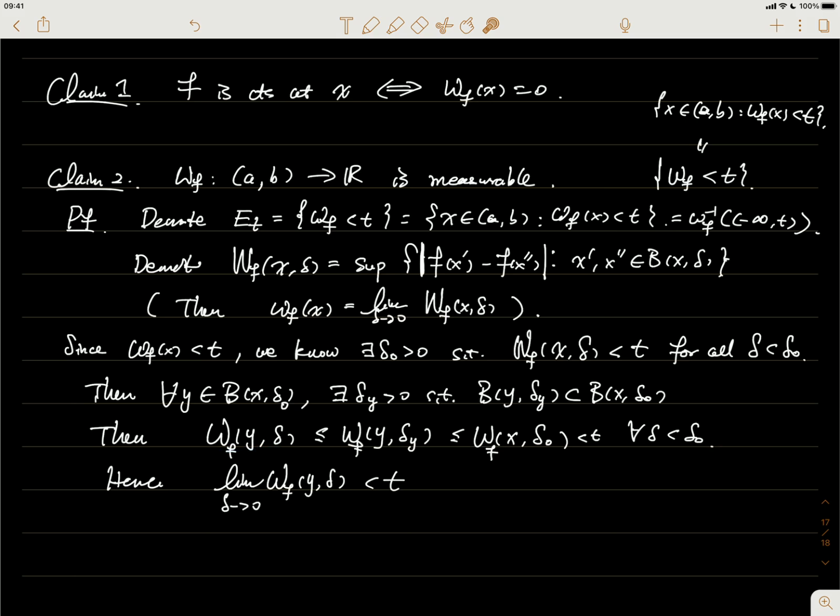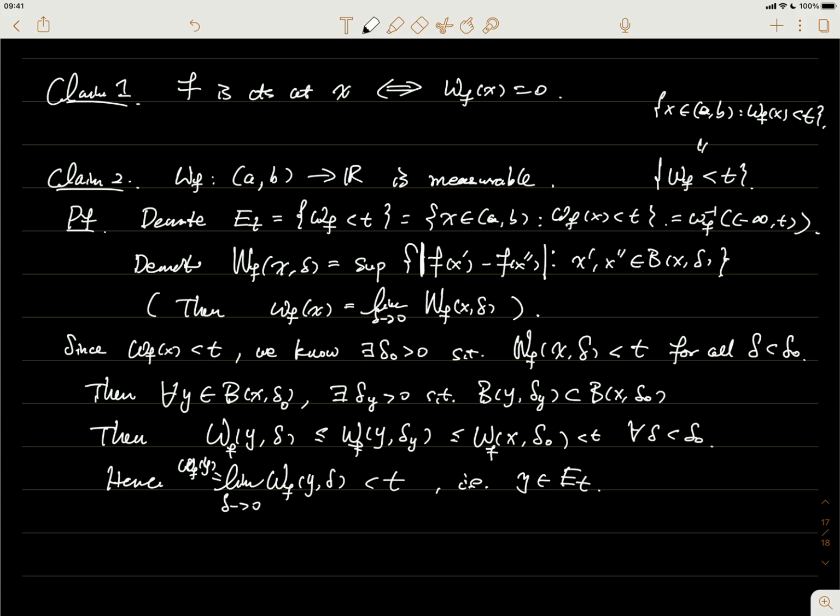So when delta goes to 0, the limit is less than t, and by definition, this limit is the little w_f(y). This means that y is also in E_t, because w_f(y) is smaller than t. Okay, y is in E_t.